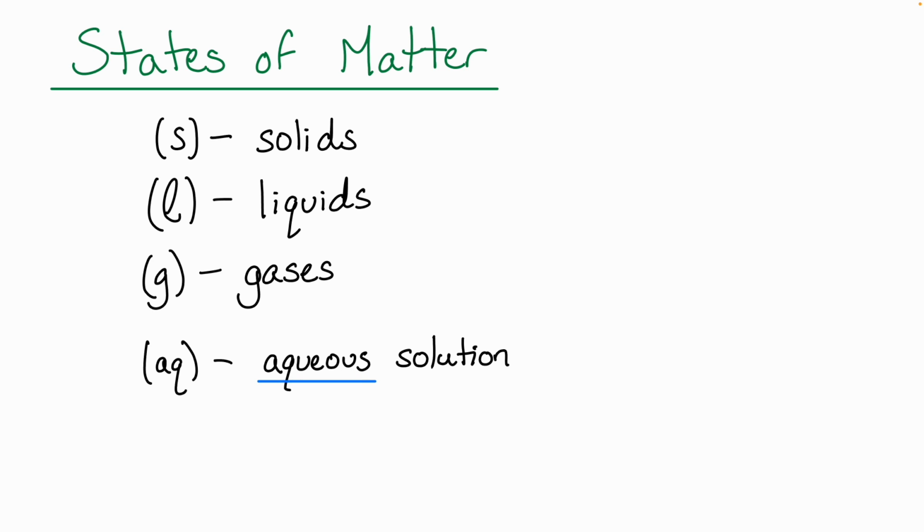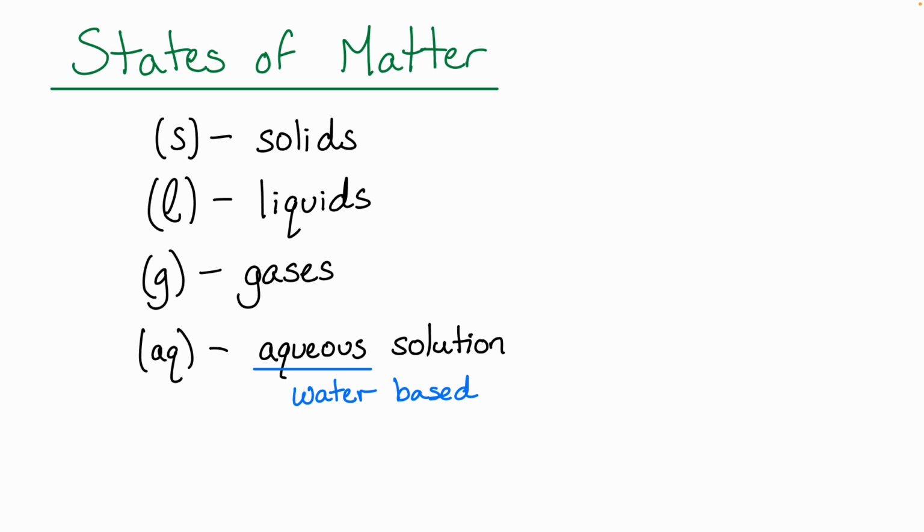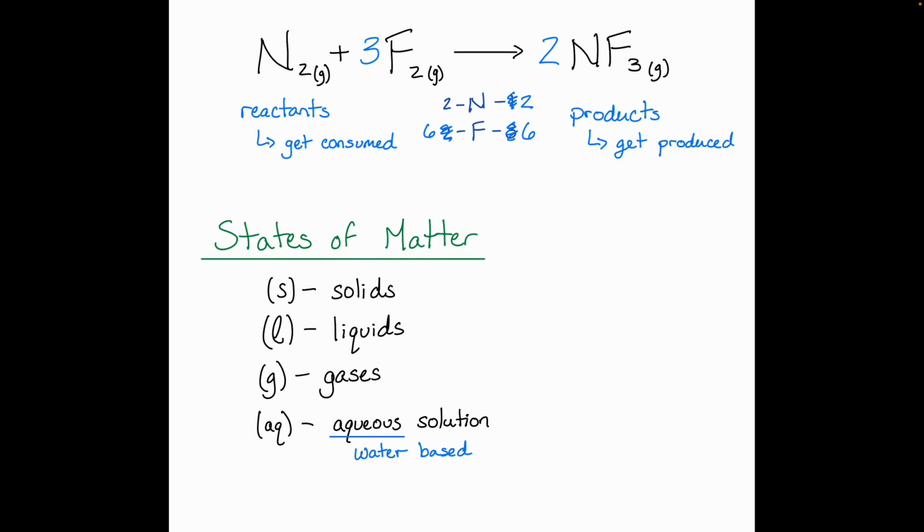Aqueous is just a fancy way of saying water-based. Okay? So in our chemical equations, we have our formulas of our reactants, our formulas of our products. A chemical equation is balanced or else it's worthless to us. And we have to include the states of matter of our compounds.